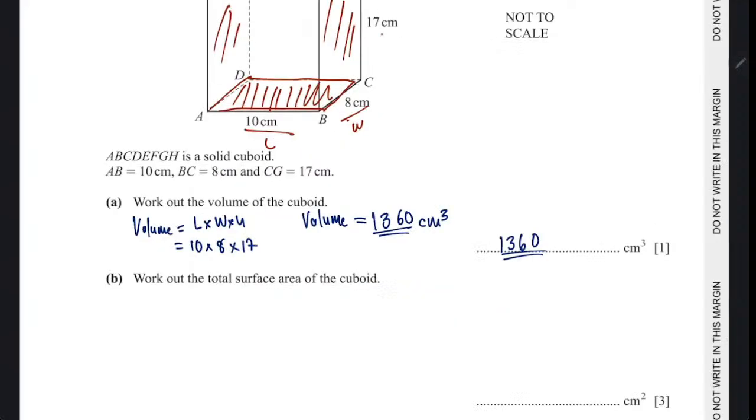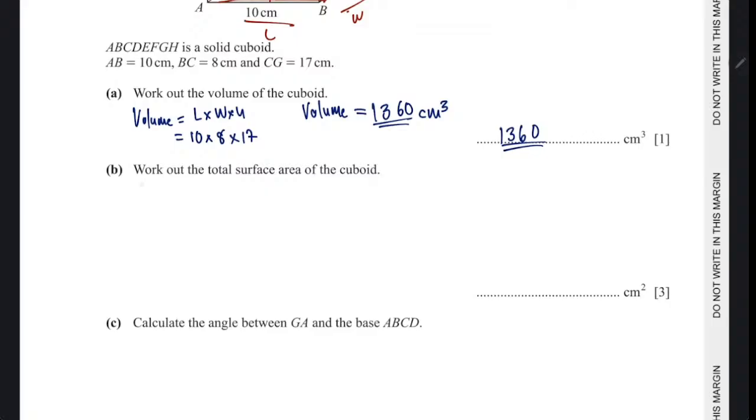So total surface area is 2 of length and width plus 2 of length by height, which is the front and the back, plus 2 of width by height, which is the sides.